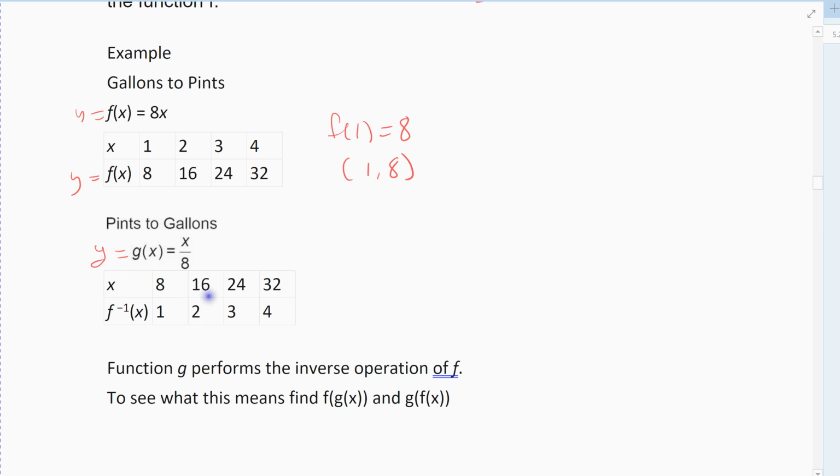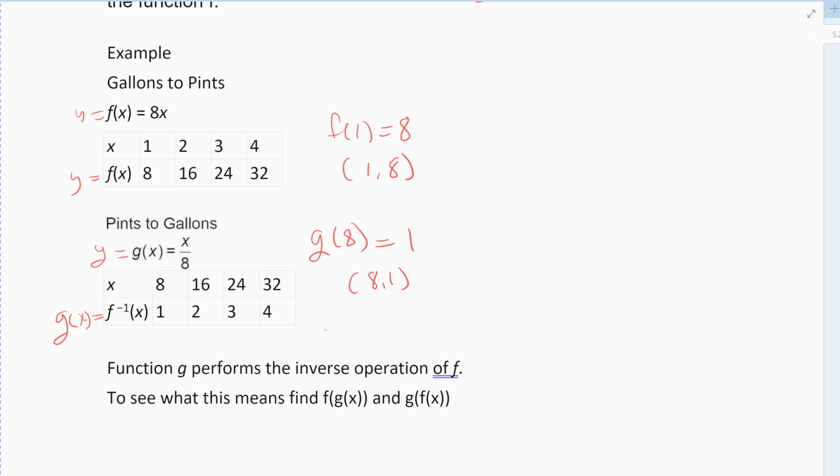What you'll notice here is the x and y values are flipped. This is the inverse function, represented by g of x here. It should give me the exact opposite. When I plug 8 into g of x, I should get 1 out, and I do. It gives me the point (8, 1), and that's true for every single one of these points. The inverse means I've undone it.